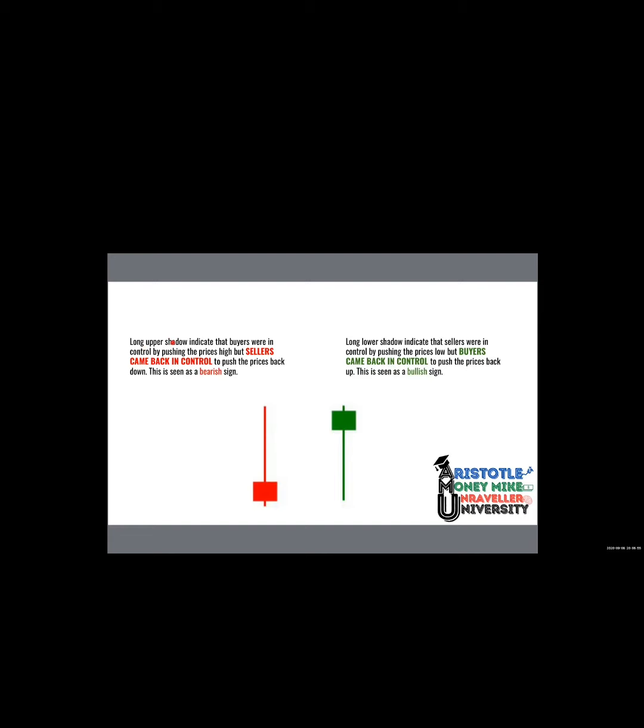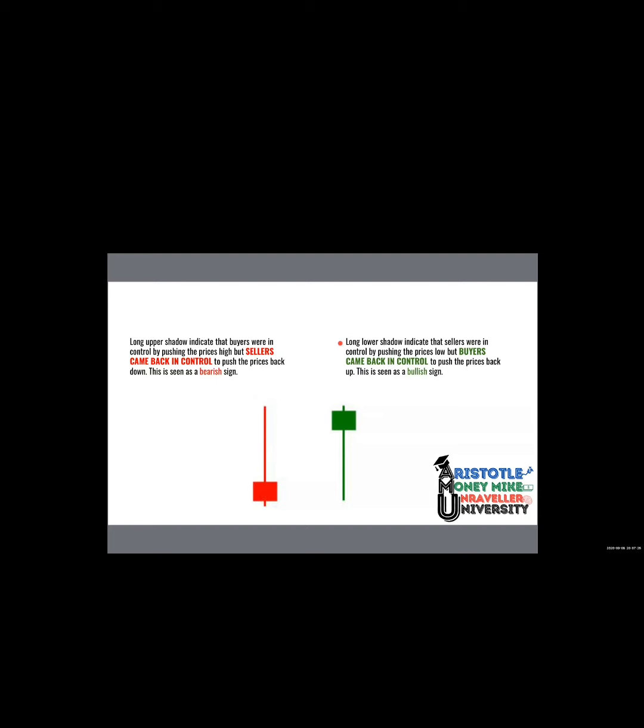A long upper shadow indicates that buyers were in control by pushing the prices high, but sellers came back in control to push the prices back down. This is seen as a bearish sign. So basically what this is saying is it opened here, and then it went as high as here. So bulls were in control. So this was once a green candlestick because it opened here, went as high as here, went as low as here, and closed here. So that indicates selling pressure.